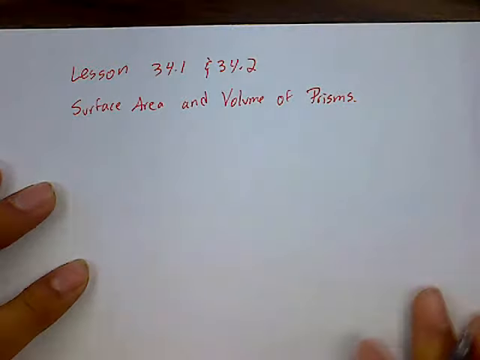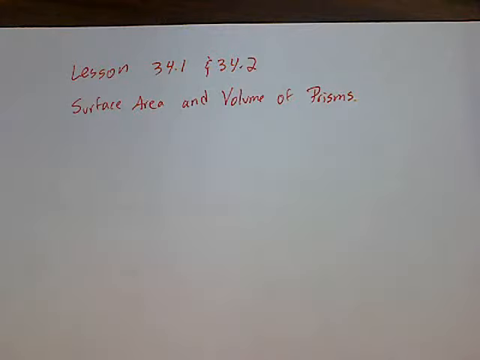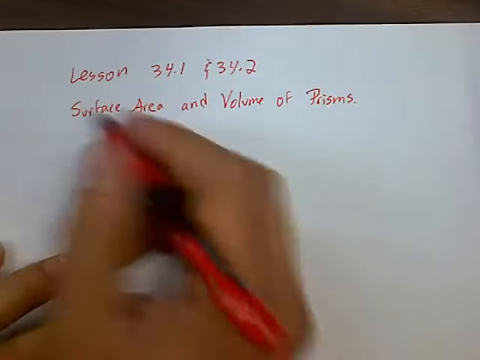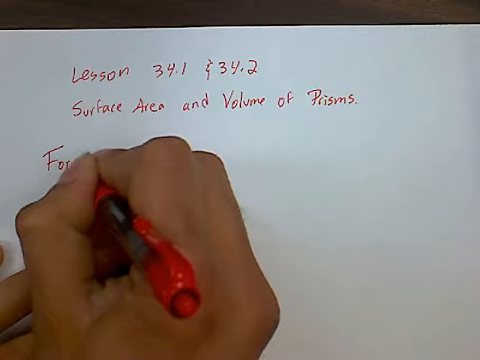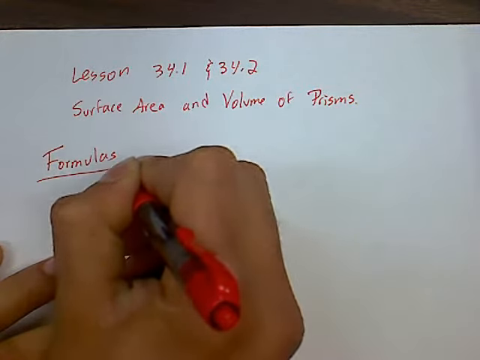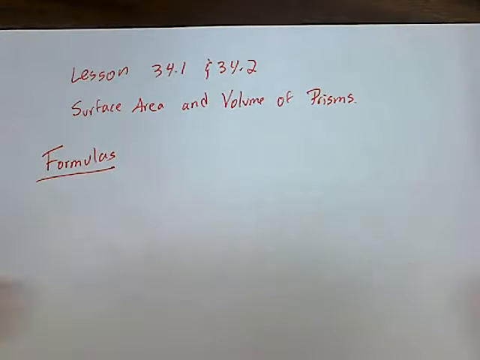And we're only going to do rectangular prisms and triangular prisms. Okay, so here are the formulas. You pretty much need to know when to use them and how to use them.